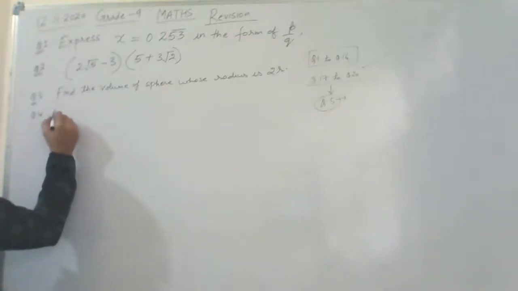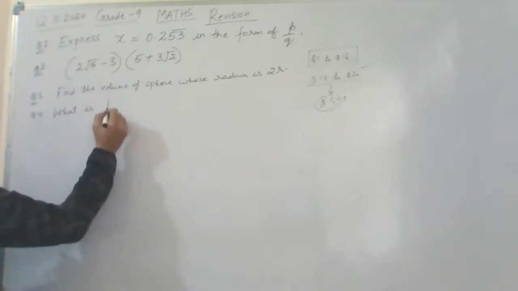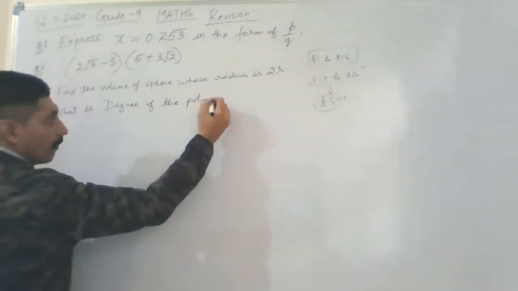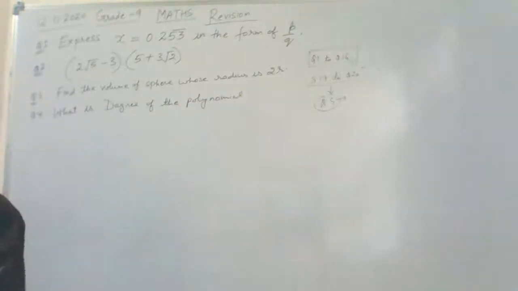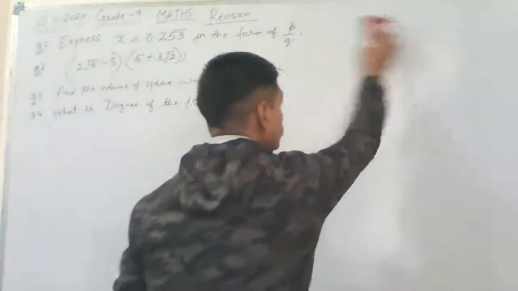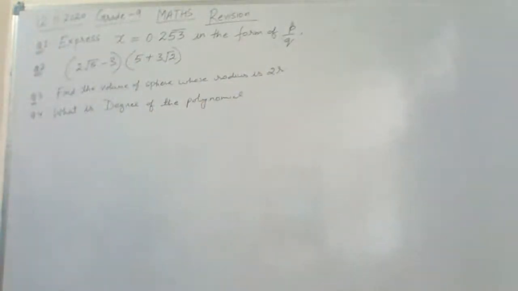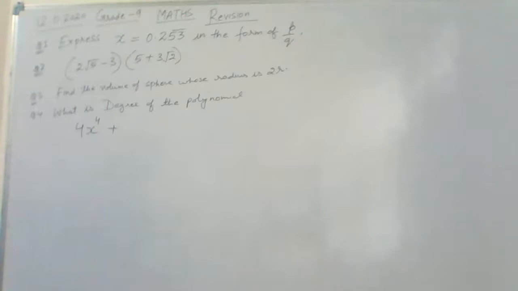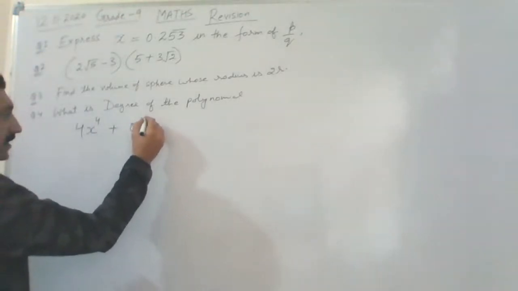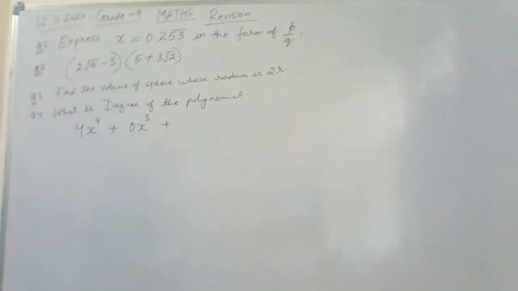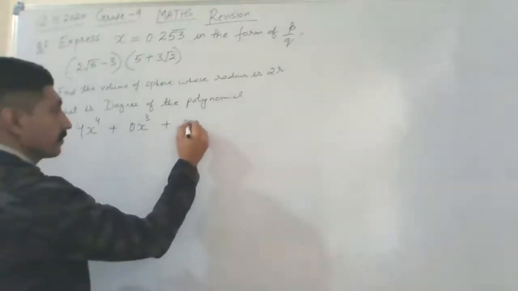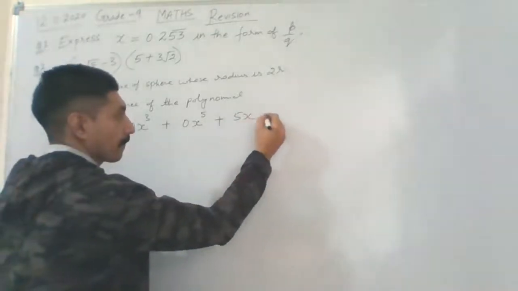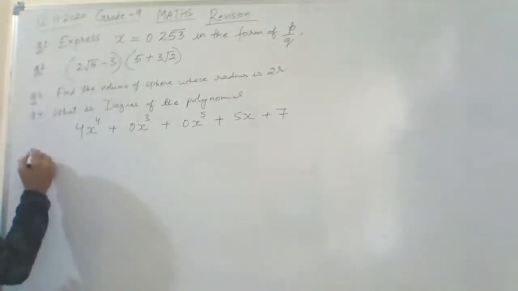The polynomial is given: 4x raised to power 4 plus 0x cube plus 0x raised to power 5 plus 5x plus 7. 1 mark question. I am discussing all these 1 mark questions.